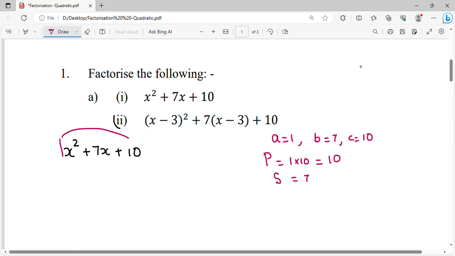Now, I need to identify two numbers. When you multiply, you get 10, but when you add, you get 7. So, the factors of 10 are 1 times 10, but this will not work because 1 times 10 is 10, that part is okay, but 1 plus 10 will give you 11, and we don't have 11, we need a 7. So, this does not work out, and these two cannot be the numbers.